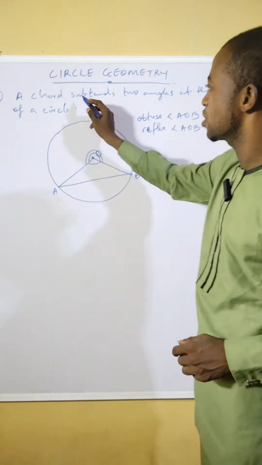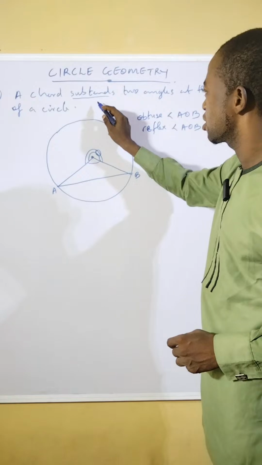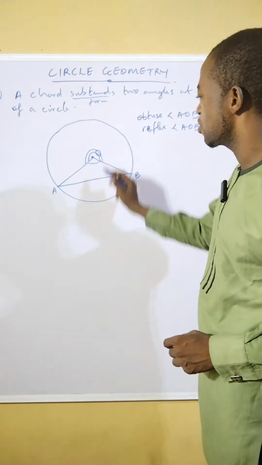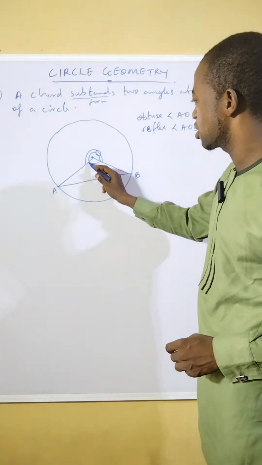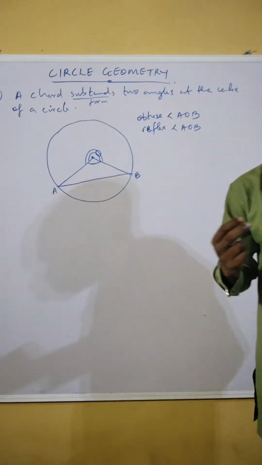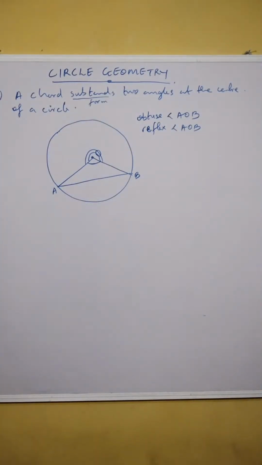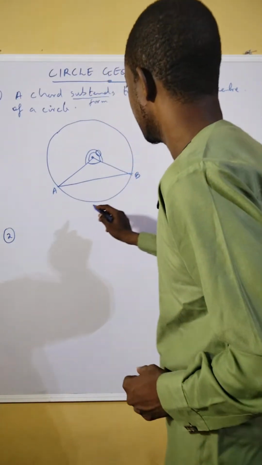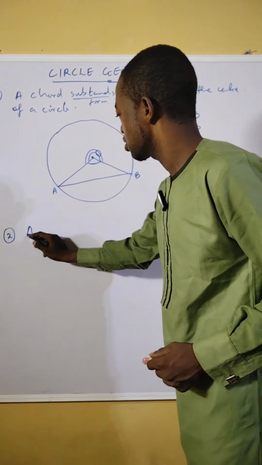So the word subtend here is another word for forms. So this angle formed at the center here, we have two of it, two angles. That is the obtuse one and the reflex one there. And also we need to understand that a chord can also subtend angles at the circumference.